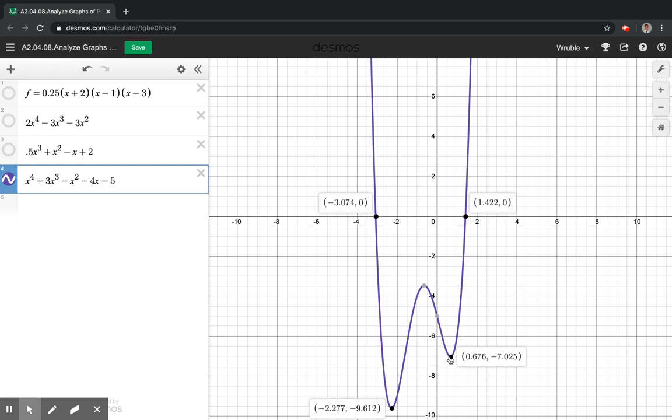And so now we have enough points. Oh, we have to calculate our maximum also. And our maximum, we can see, comes there at -0.65, -3.468.